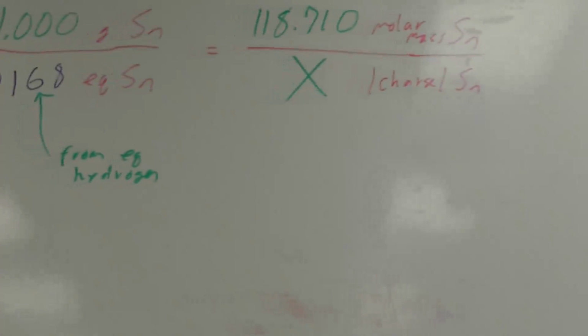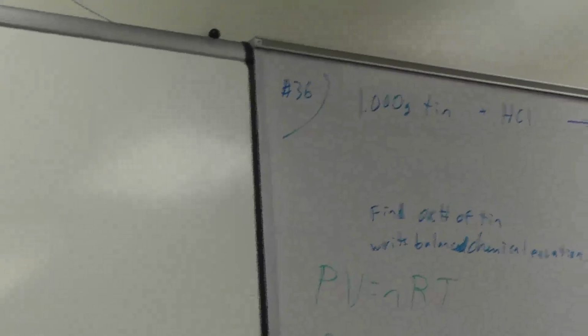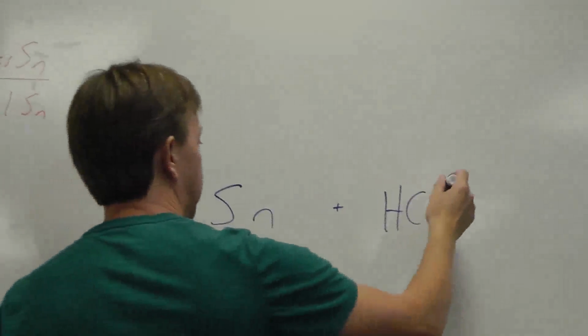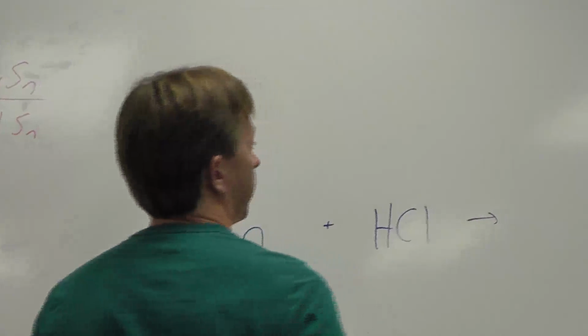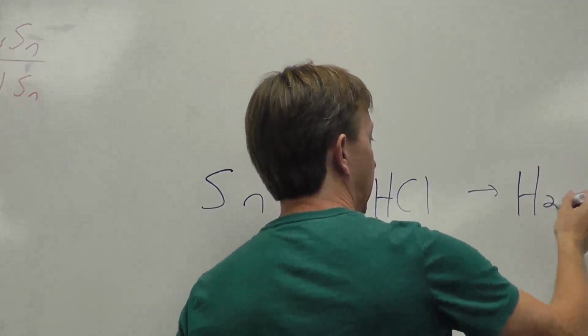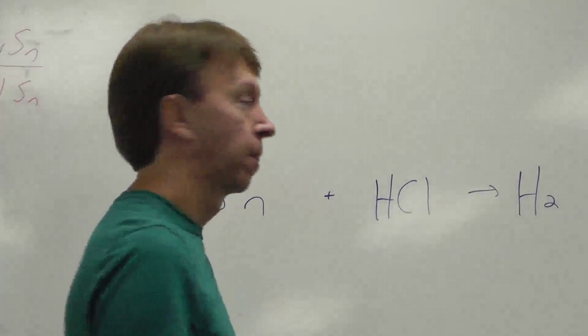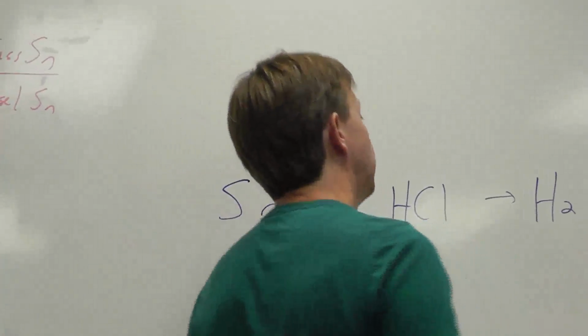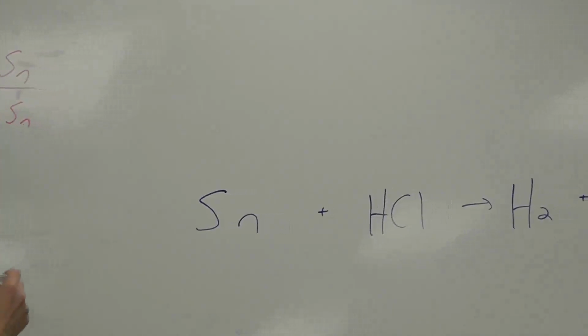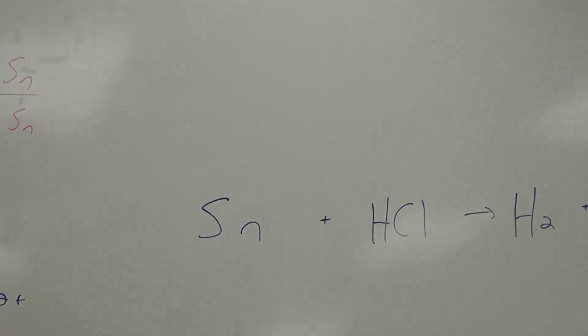What's the balanced equation for that? We're reacting tin. It says with hydrochloric acid, that's HCl. You're told that one of your products is hydrogen gas, so that would be diatomic H2. Your other product you figure out based on charge. We just figured out that the tin is a 2+.